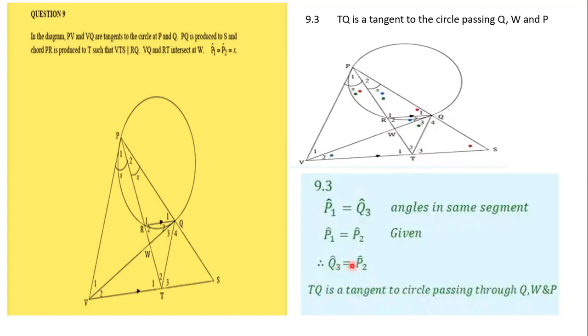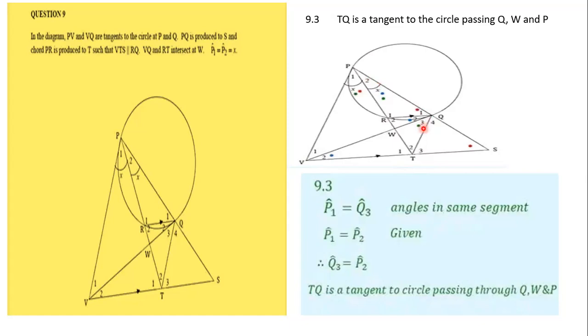Since P2 is equal to P1, and P1 and P2 are equal to x, and we also proved that Q3 is equal to x as well.